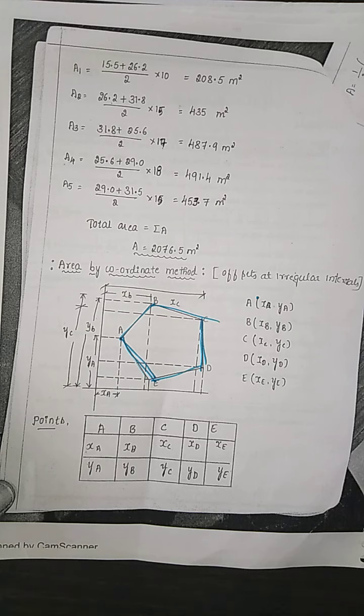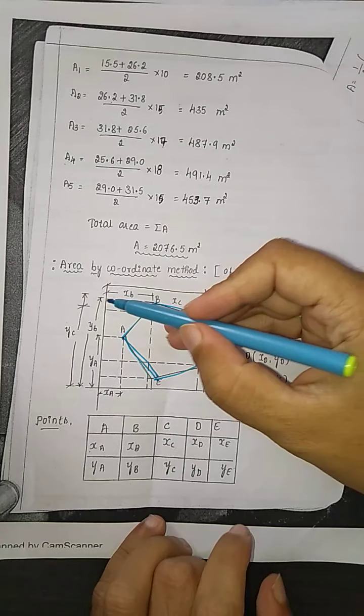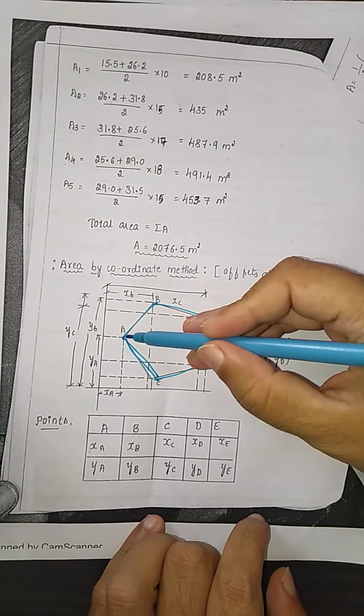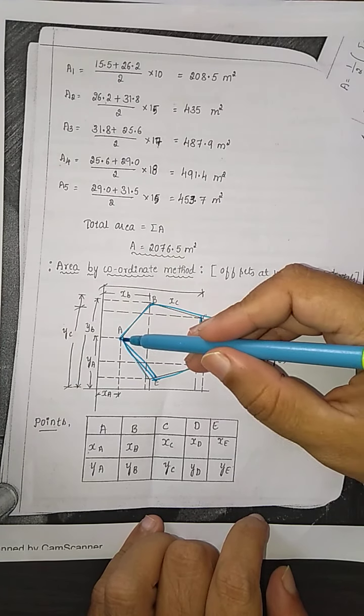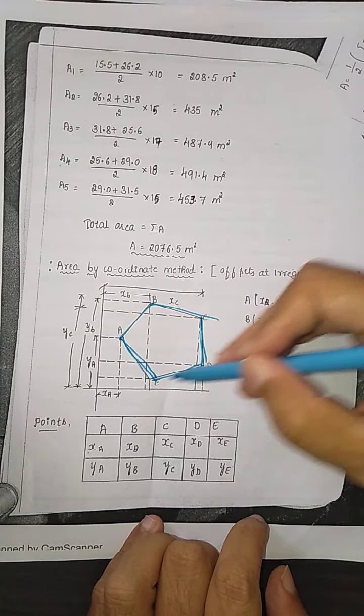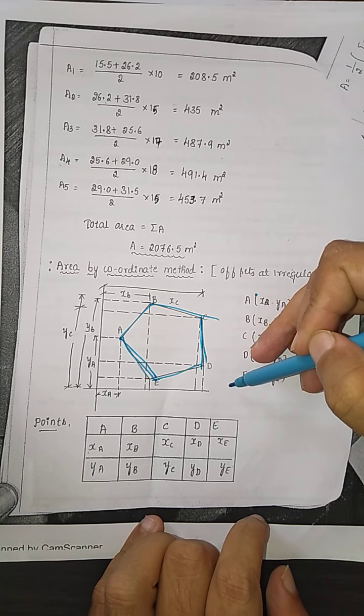by the coordinate method. In this coordinate method, we will be using the coordinates x and y. Suppose an area is drawn, say this pentagon, which is drawn with the help of the x and y coordinates.